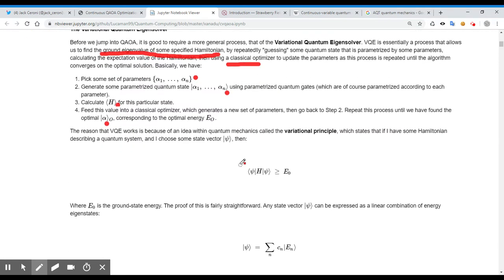The reason the VQE works is because of an idea in quantum mechanics called the variational principle, which states that if I have some Hamiltonian describing a quantum system, and I choose some state vector, then this.